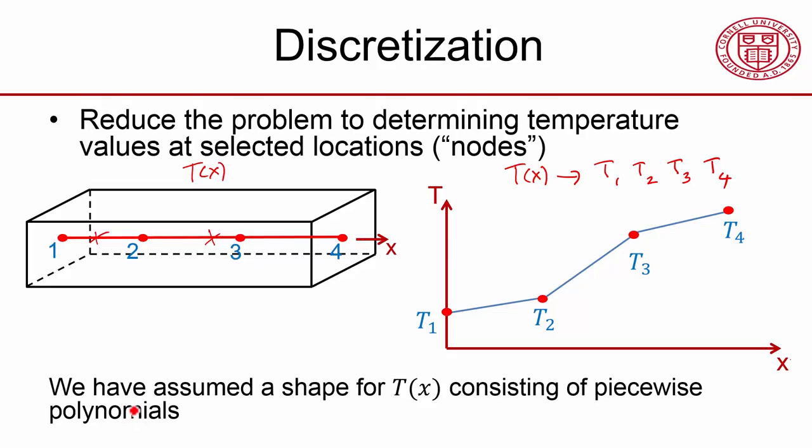The shape is constructed element by element, and in any finite element methodology, you do that. You're assuming a shape, and the shape is constructed element by element. The crux of the problem now is how to determine the temperature at the nodes, in our case at the 4 nodes. Let's talk about that next.